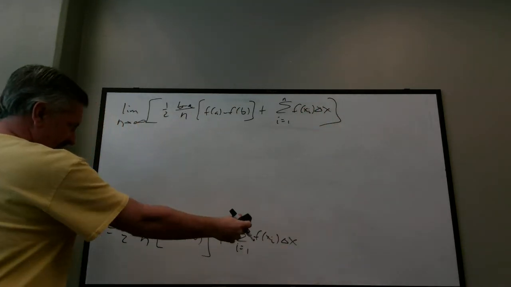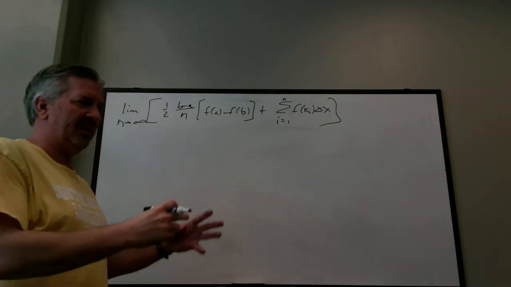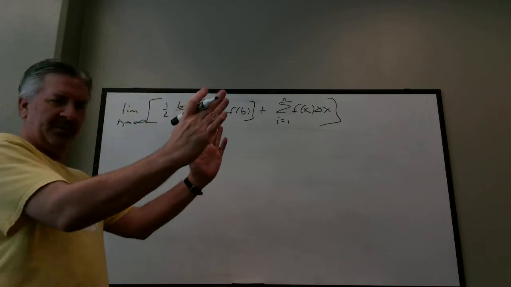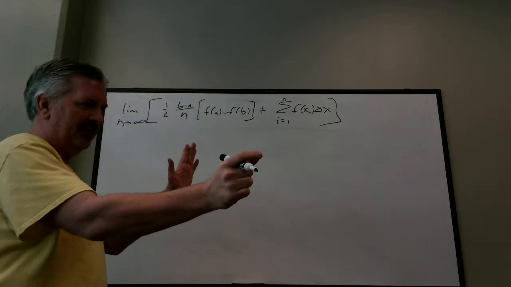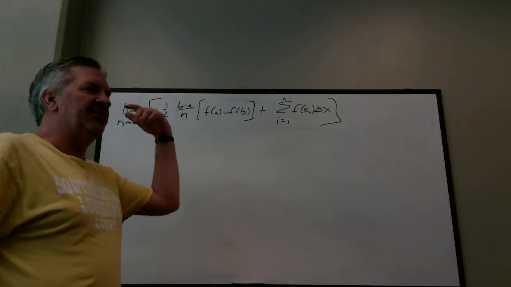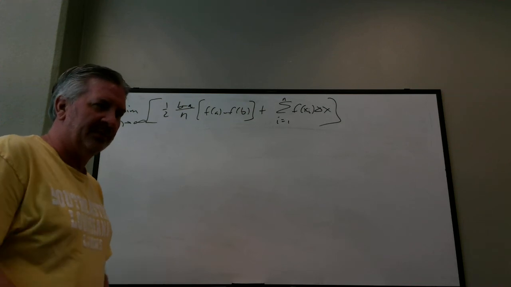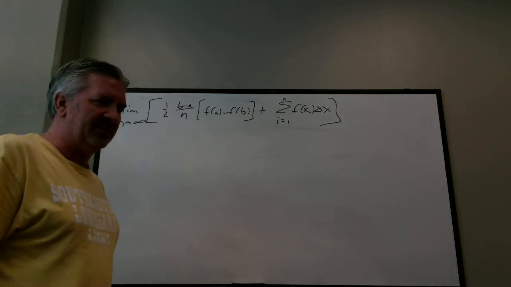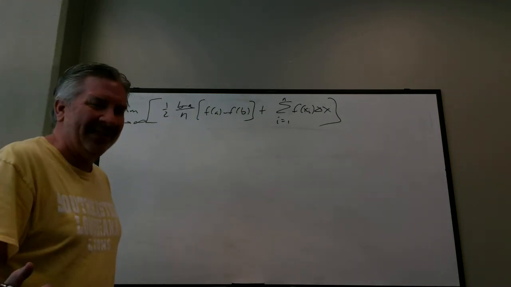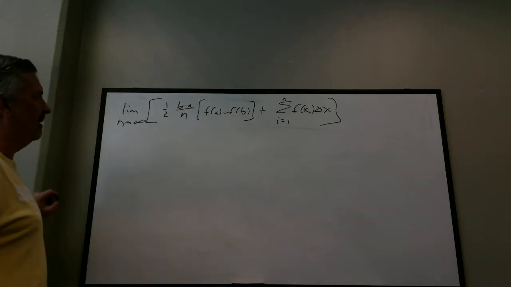So this is exactly what we did when we did rectangles. We chopped the graph into equal intervals. We drew in rectangles. We found the areas of the rectangles. So the sum of the areas of the rectangles was an approximation of the area under the curve, assuming the curve was above the x-axis. And then to get the exact area under the curve, we took the limit as n went to infinity. So that's what we're doing here as well.